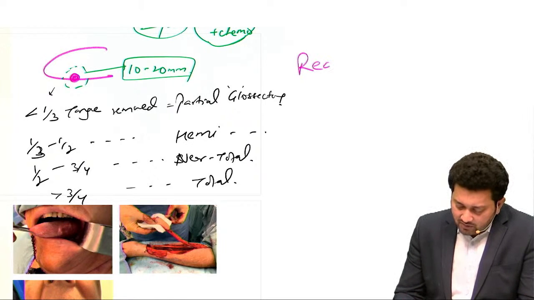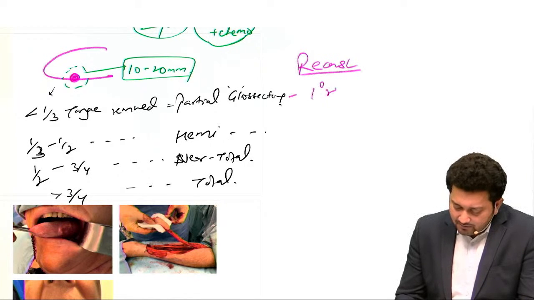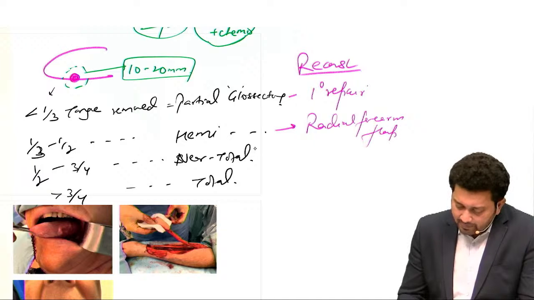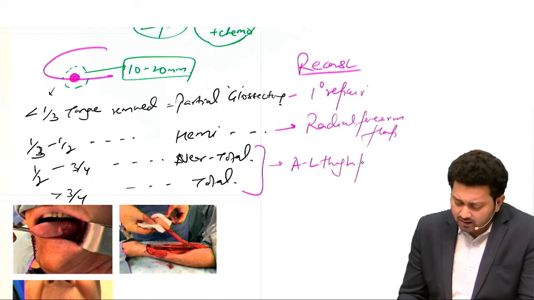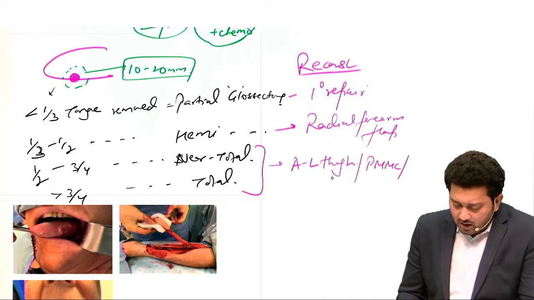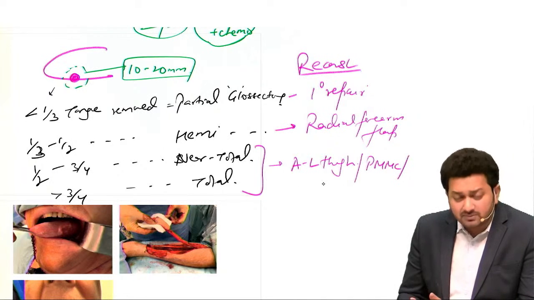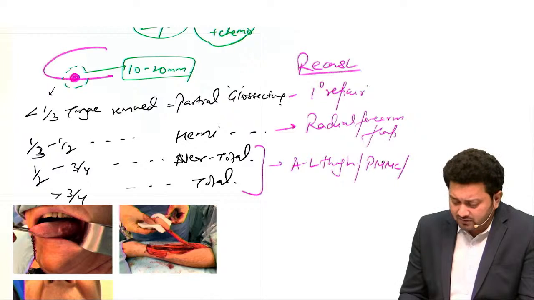So when we talk about reconstruction, in this case just primary repair, no need for reconstruction. In this case, radial forearm flap is a better type, and these days there is the anterolateral thigh flap, or you can go for pectoralis major myocutaneous, or sometimes rectus abdominis, but nowadays they are using these flaps. Radial forearm flap can also be used.